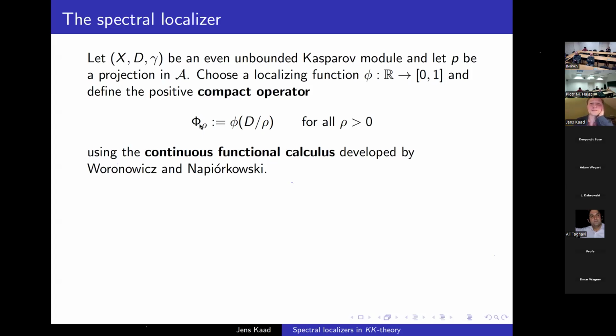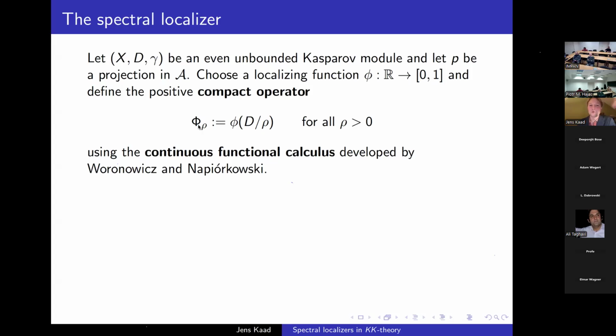Okay, so I can form these compact operators, positive compact operators, whenever I have a strictly positive number rho, and this operator phi rho only depends on the part of the spectrum of the abstract Dirac operator which is contained in the closed interval from minus rho to rho, because phi has support contained in the closed interval from -1 to 1.